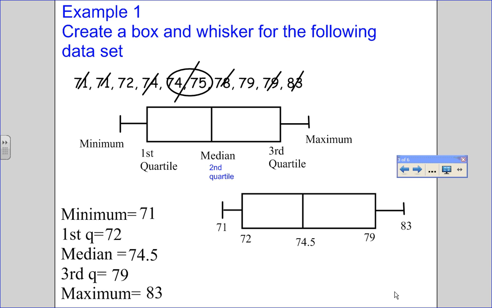So that's our box and whisker plot. And what the box and whisker plot essentially is doing, it's just a graphical representation of these 5 statistical summaries. The 5 statistical summaries being the minimum, the first quartile, the median, the third quartile, and the maximum. It's just a graphical way to represent this.